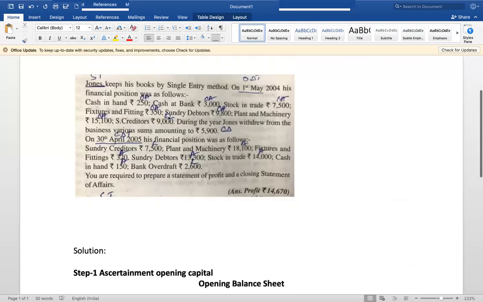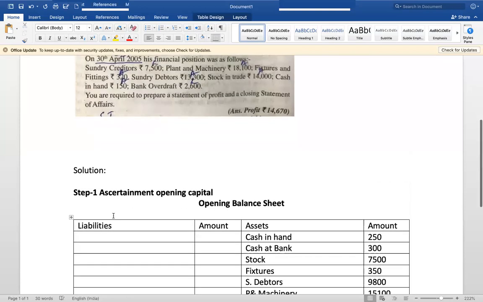That's it on the asset side. All 250 we have taken, 3,000 taken, 7,500 taken, 350 taken, 9,800 taken, machinery of 15,100, which is the last item. Then there's sundry creditors, that is a liability.